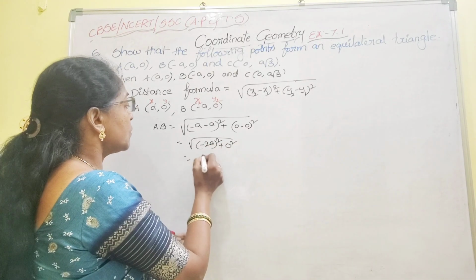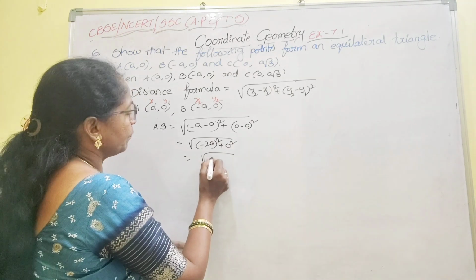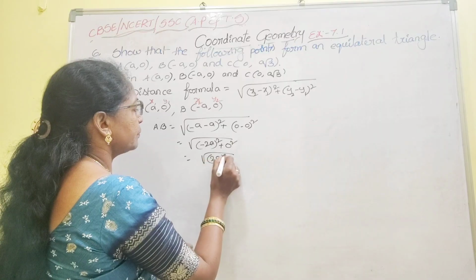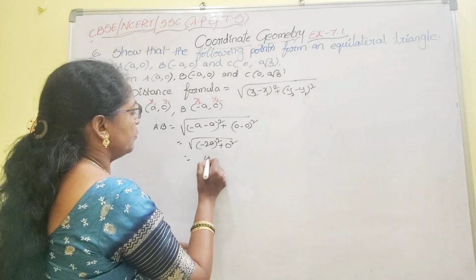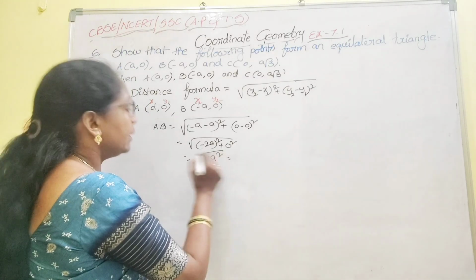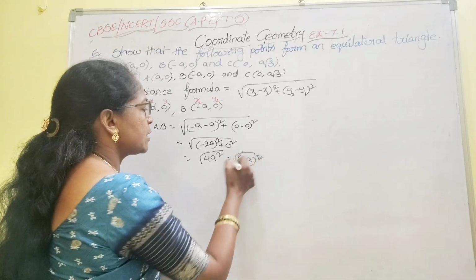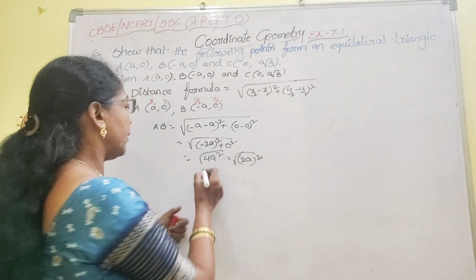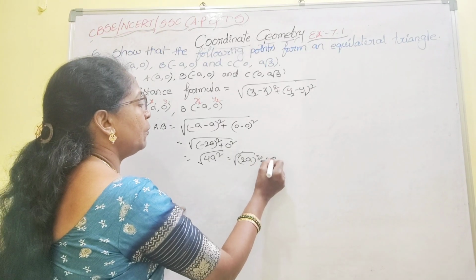So minus 2a whole square, minus into minus plus, 2 square equal to 4, or directly you write 2a whole square, 4a square, square root of 4a square. This can be written as square root of 2a whole square, where square and square root cancel. Otherwise square root of 4 equal to 2 as well as square root of a square equal to a. So the value equal to 2a.